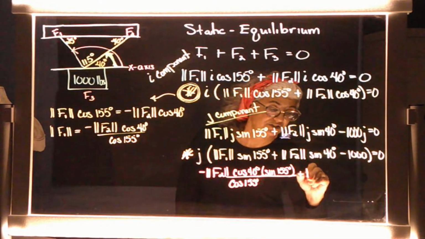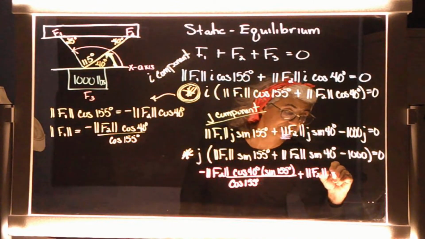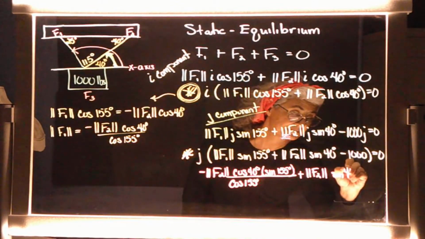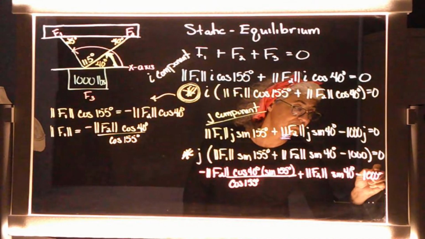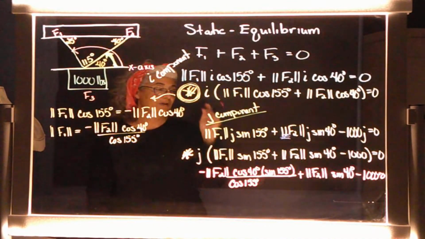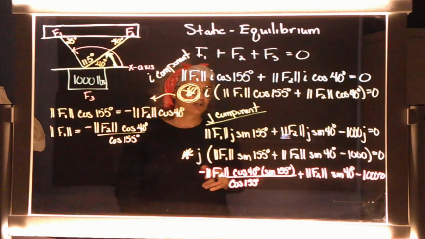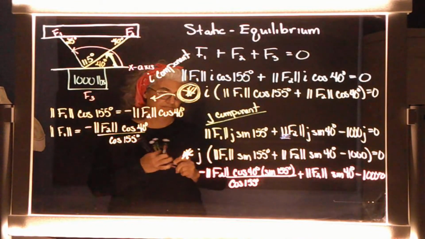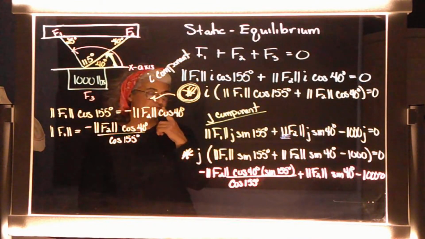And then I'm going to add to it this magnitude of F2 times the sine of 40 degrees, and then minus 1,000. And it all equals 0, doesn't it? Okay. You know, I'm trying to solve for the magnitude of F2, aren't I?